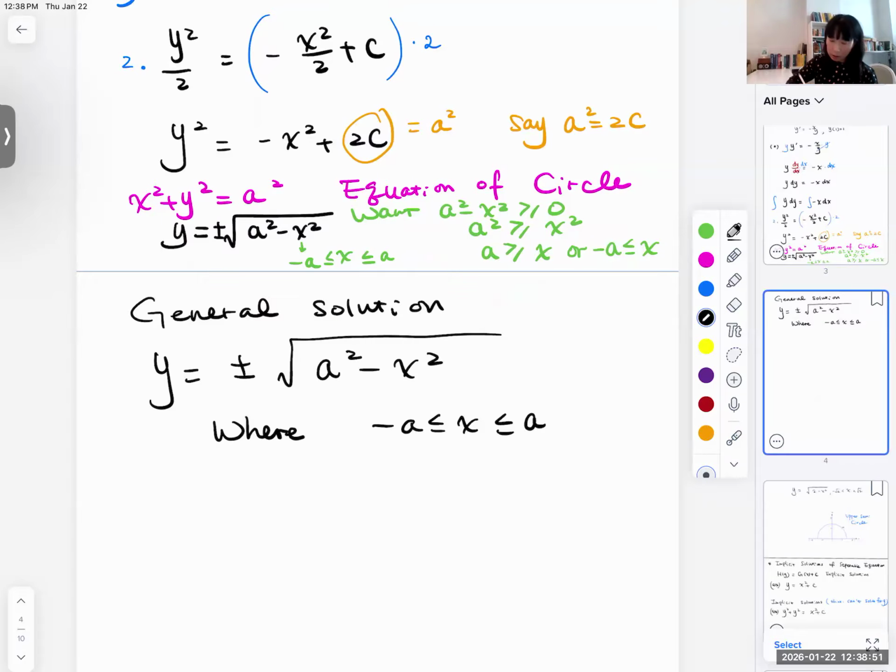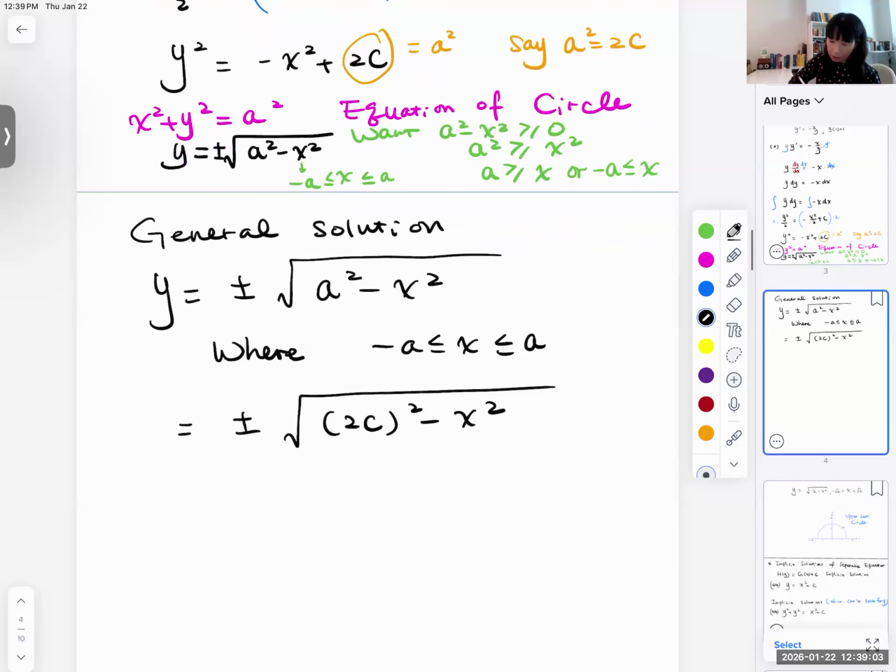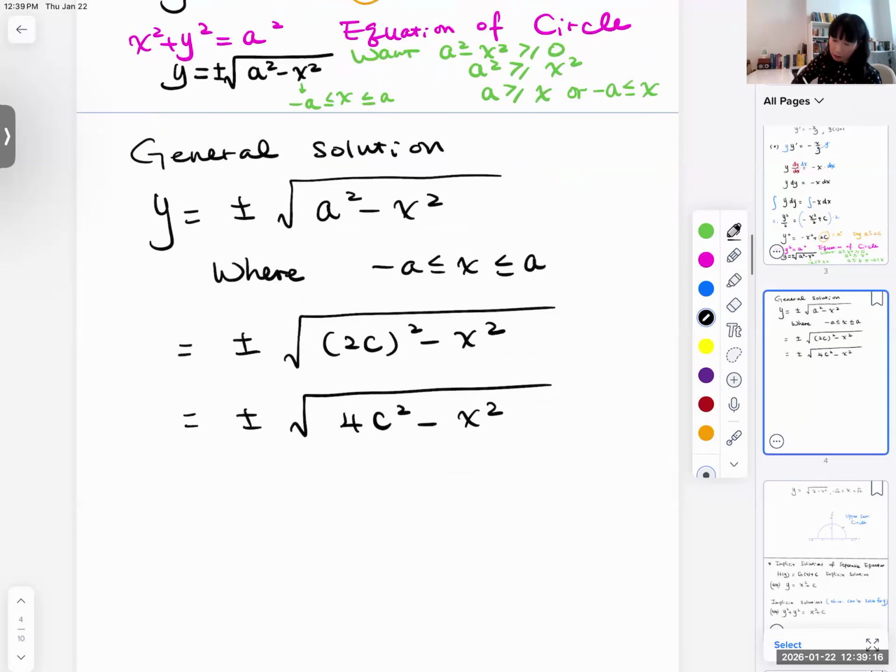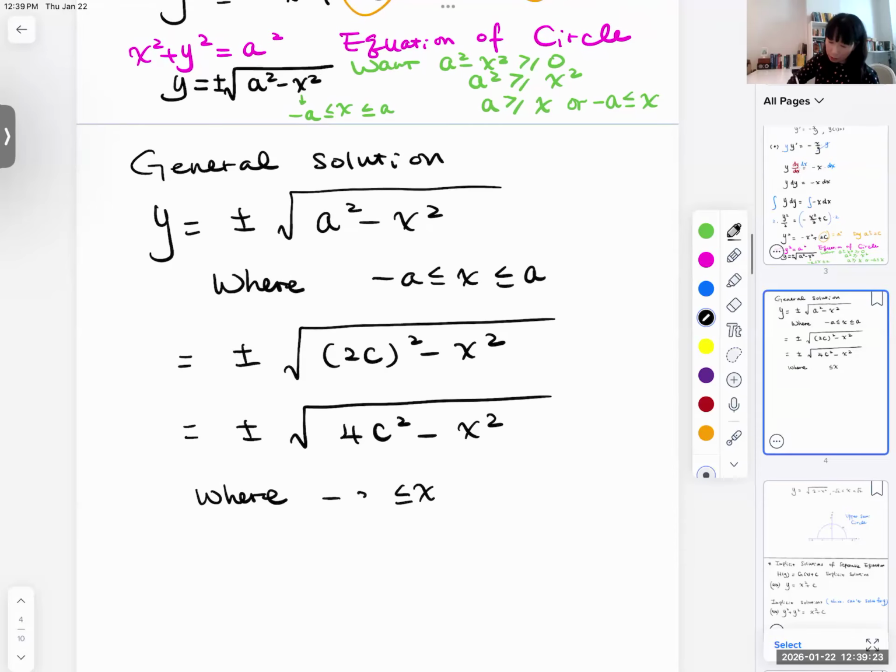Okay. So a was 2C, right? Or we can say plus minus square root of 2C squared minus x squared equal to plus minus square root of 4C squared minus x squared. In that case, x is between negative a, which is negative 2C, and positive 2C, right?